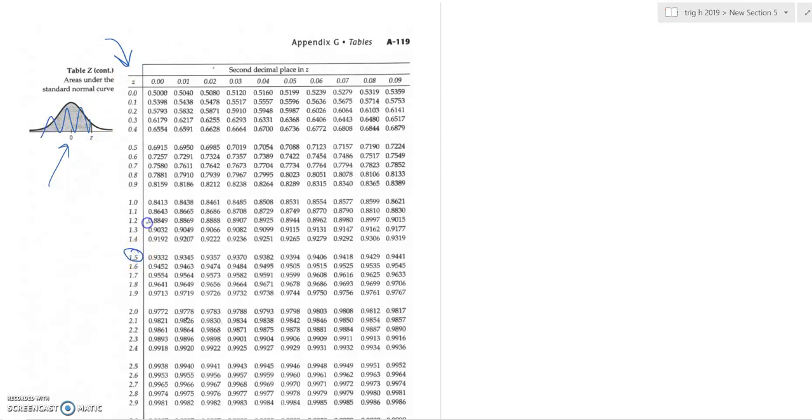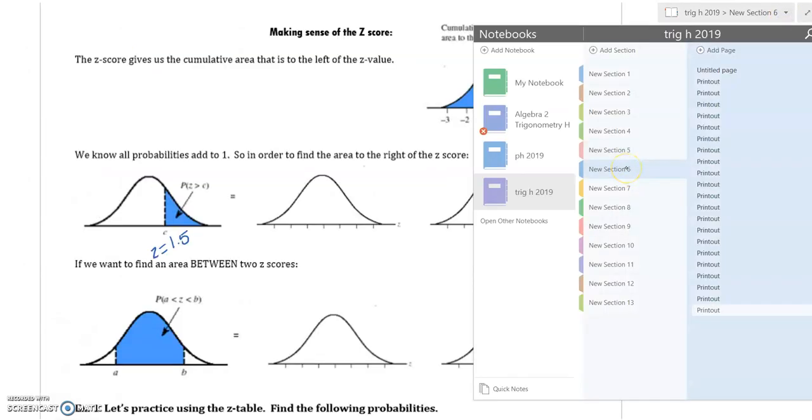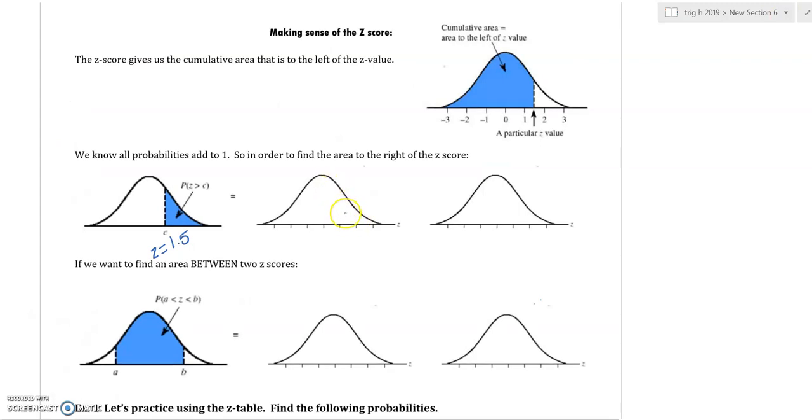So go to 1.5, and there's 1.5, 0. They're saying that the area to the left of a z-score of 1.5, the area under the standard normal curve, would be 0.9332. So if this is z equals 1.5, right about here, this area is 0.9332.